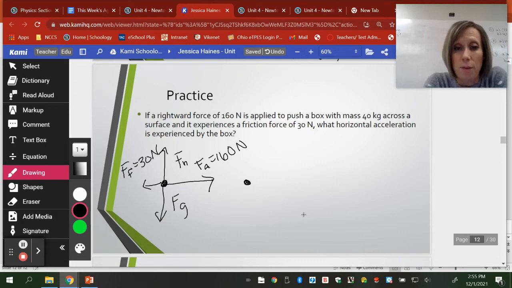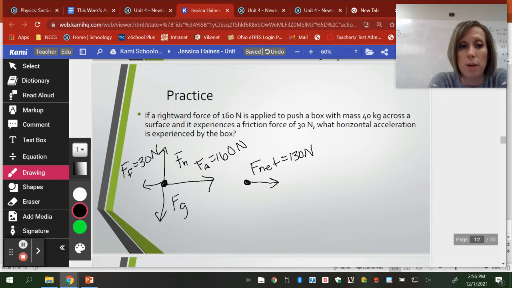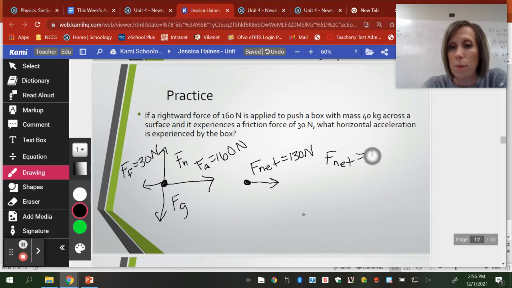So we have an overall net force of 130 newtons to the right, because if we have 160 in one direction and 30 in the opposite direction, we just subtract them and get 130 newtons. Now we have our net force of 130 newtons, a mass of the same 40 kilograms, and they're asking what the acceleration is.